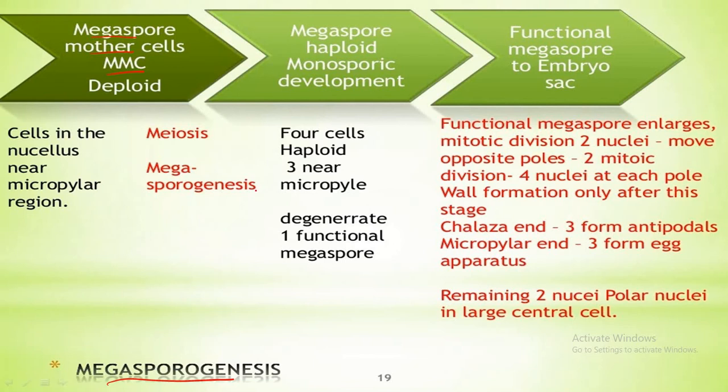The process begins very early when the nucellus is not completely surrounded by the integuments. The MMC, a large cell containing dense cytoplasm and a prominent nucleus, enlarges in size and divides by meiosis to form a tetrad or four haploid megaspores.